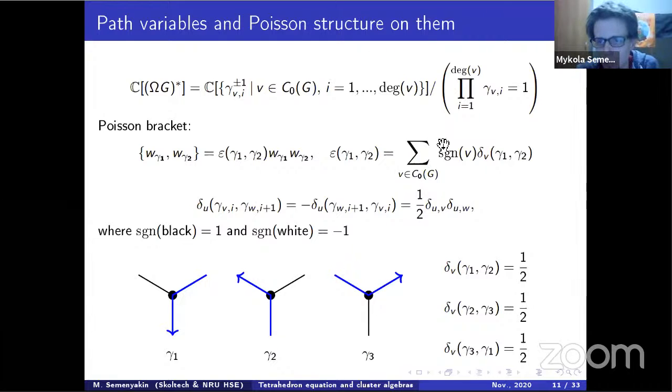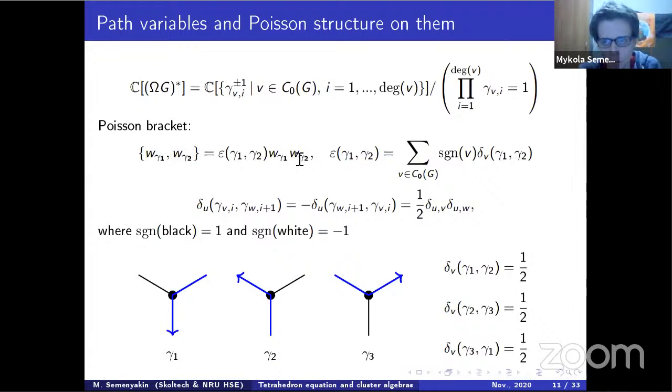To make the connection with the tetrahedron equation explicit, we need a Poisson structure. We define the Poisson bracket for a pair of weights of any paths, take paths gamma 1 and gamma 2.